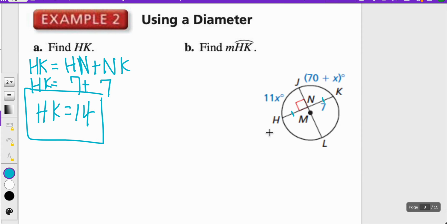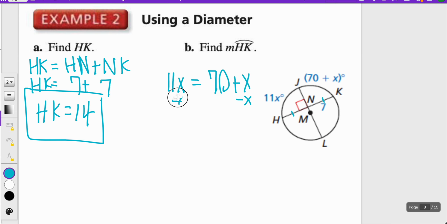Okay, then I want to know the measurement of arc HK. If we think about that, 11x should be equal to 70 plus x, and again that's going back to our perpendicular chord bisector theorem, where it's creating corresponding arcs. So all I need to do now is solve for x.